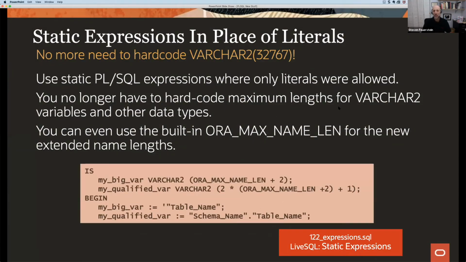There's also an ora_max_name_len predefined constant that you can use to declare your variables. So in general, going forward, you never have to hard code anywhere in your code the maximum length of an identifier because we provide this value for you, and it could change over time. Right, so now things have gotten a little bit more relaxed. You can avoid hard codings where you had to hard code before. Nice.